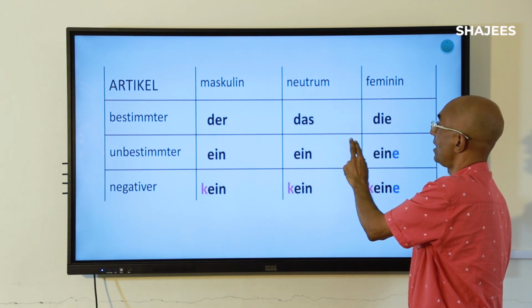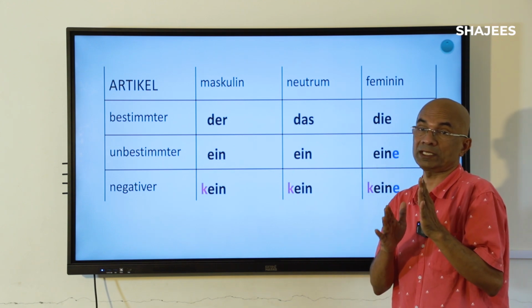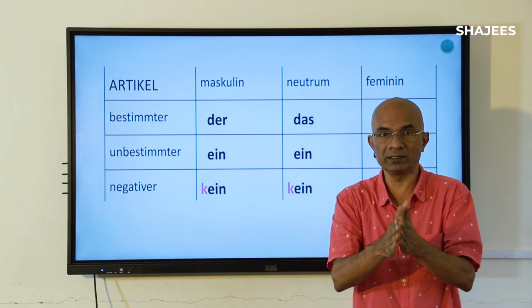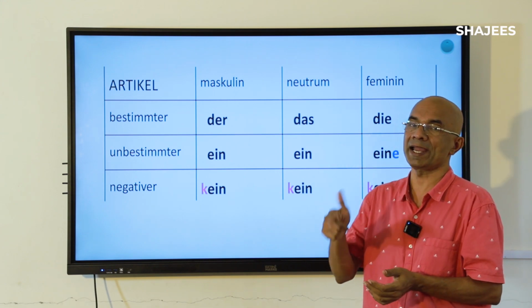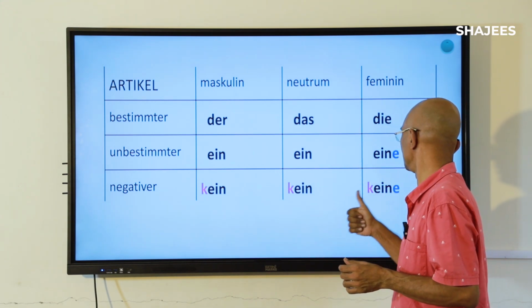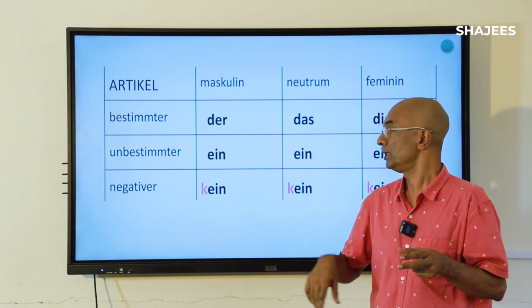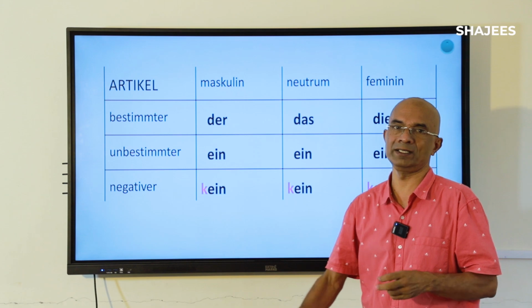But eine, keine. Always remember that. So here, bestimmte article: der, das. Unbestimmte: eine. Negative: keine. Ein means one, kein means nothing. We will deal with this in detail.